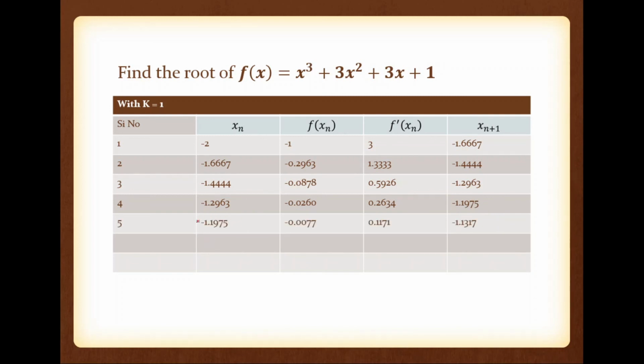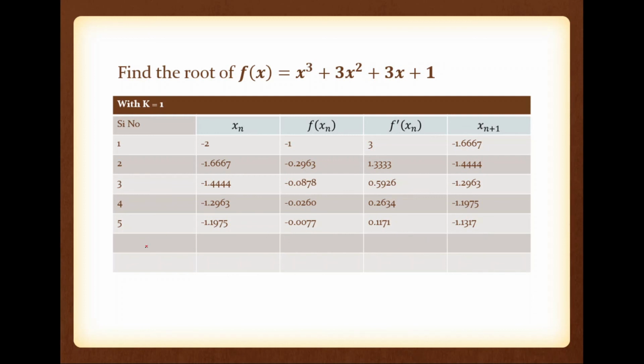Xn is minus 1.1975. Now, f of xn, that is f of this value, is minus 0.0077. Now, f dash of xn is 0.1171. So, xn plus 1 is minus 1.1317. Okay.